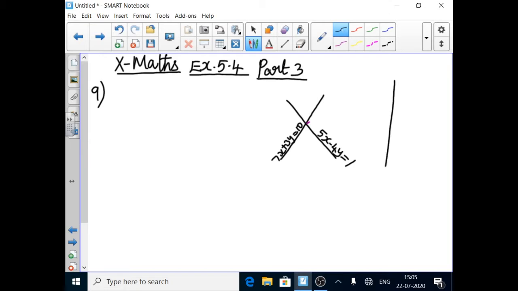The given line is 13x plus 5y plus 12 equal to 0. We have to find the equation of the straight line which passes through this point of intersection and, at the same time, is parallel to this line.